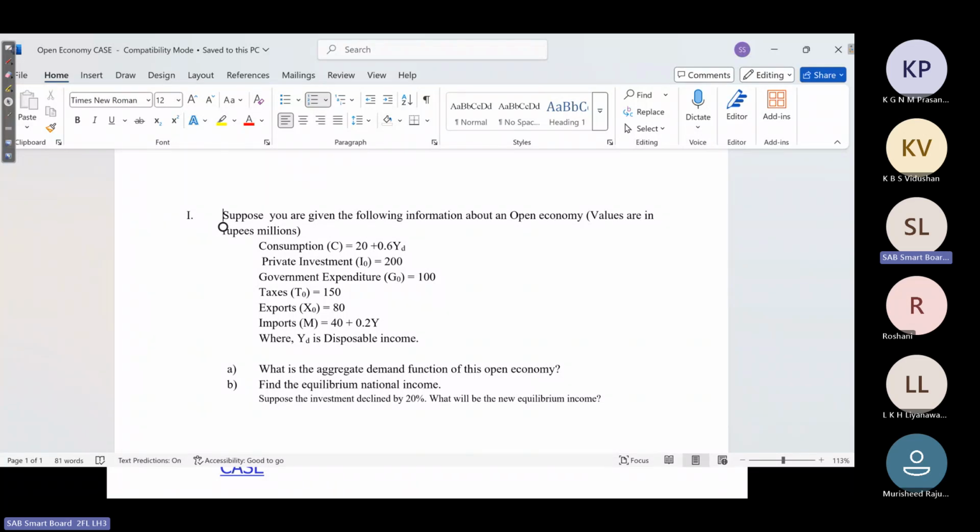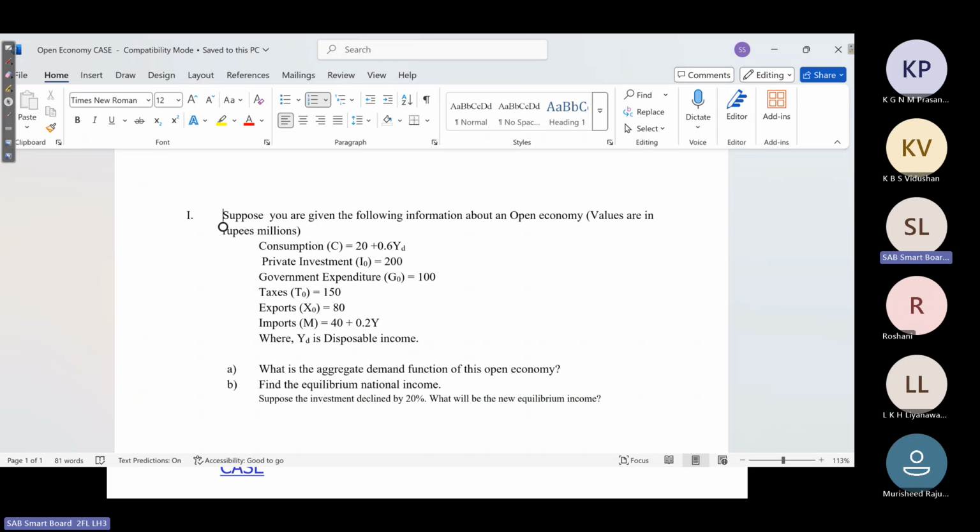Earlier equilibrium income is 450. If there is a decline in the investment, we know there will be a negative impact on income, so income also decreased by 100. So 450 minus 100 means 350. So the new equilibrium income is 350. Check whether those answers are correct.